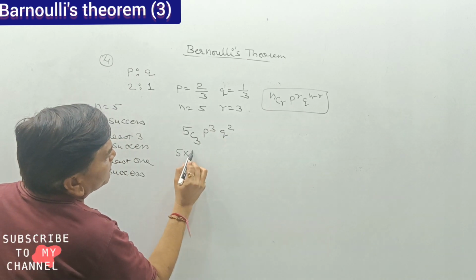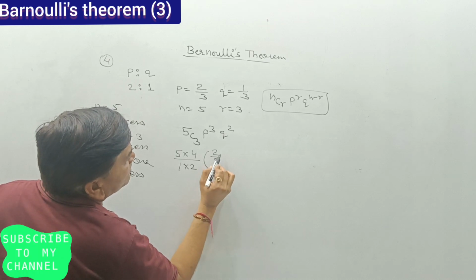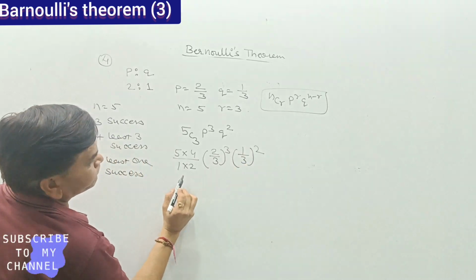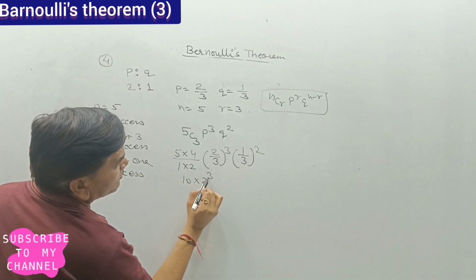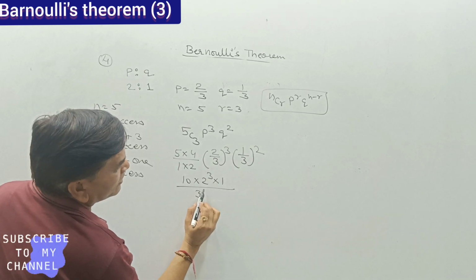So 5 multiply 4 divided by 1 multiply 2, 2 by 3 raised to power 3 and 1 by 3 raised to power 2. So 10 multiply 2 raised to power 3 multiply 1 divided by 3 raised to power 5.